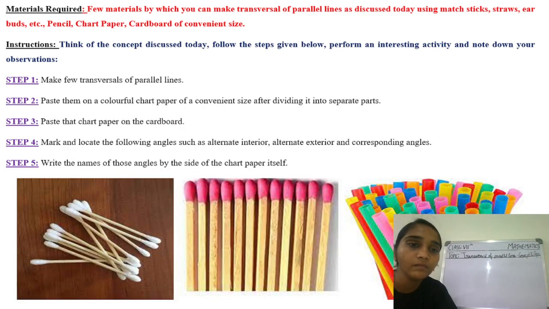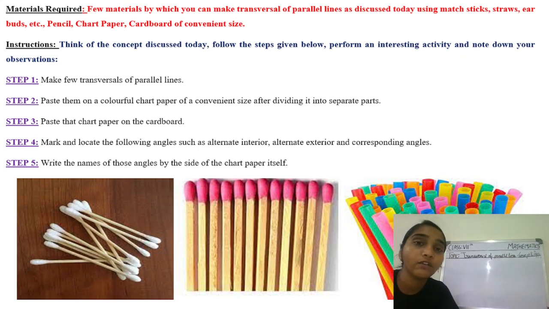And one activity, students, which you have to perform: you will require a few materials with which you can make the transversal of parallel lines. As we have discussed today the concept, you can use earbuds or straws or matchsticks. And a chart paper or a cardboard will also be required.